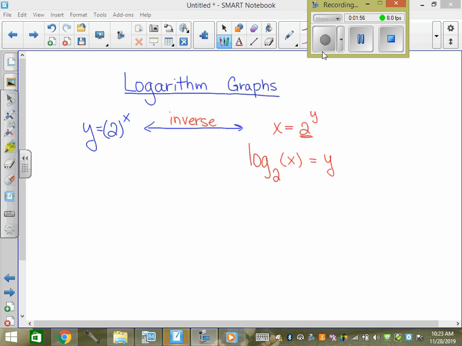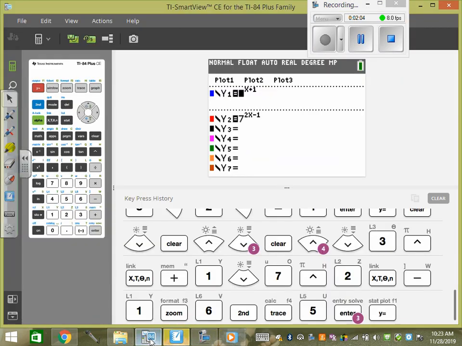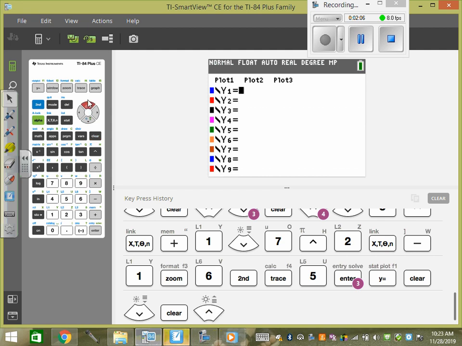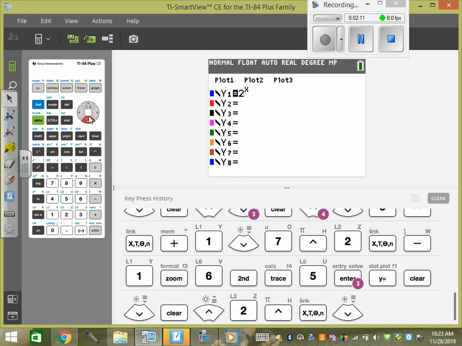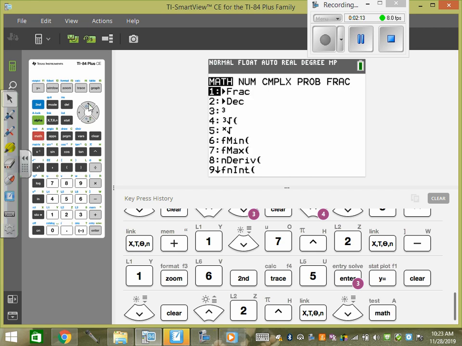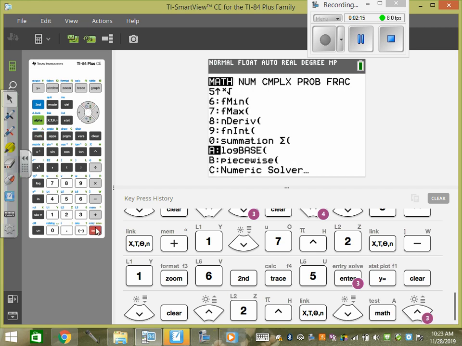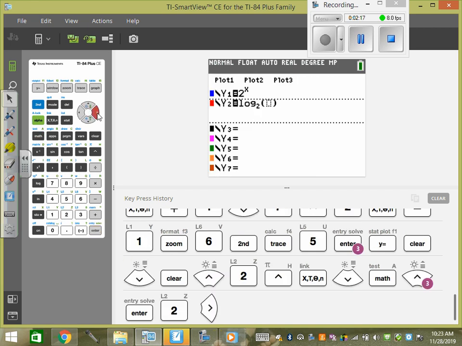These should reflect on the identity line, the y equals x line, because the x's are from the y's and the y's are from the x's. So let's look. y equals 2 to the power of x, and then y equals log base 2 of x.